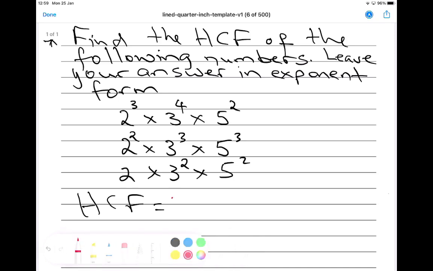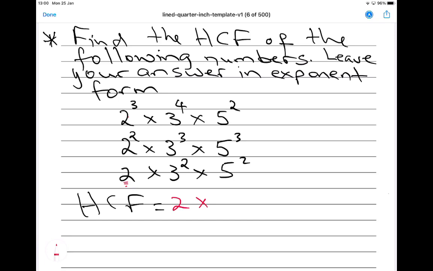Obviously, 2 is common. So we need to take that 2. There is a 2 here, there is a 2 there, there is a 2 there. Please understand why 2 is the common factor there. There's only a single 2 that is common in all of them. Now, what about the 3's? The first one has 3 to the power of 4. The second one is 3 cubed, and the third one is 3 squared.